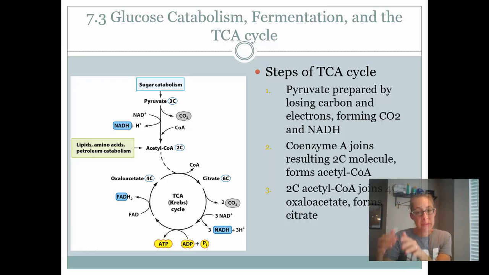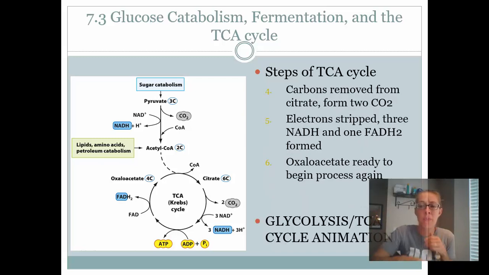We pull off 2 of those carbons to produce carbon dioxide. We are going to reduce NAD to NADH. We are going to have some substrate level phosphorylation of ADP. We'll produce a little bit of ATP, which is cool.